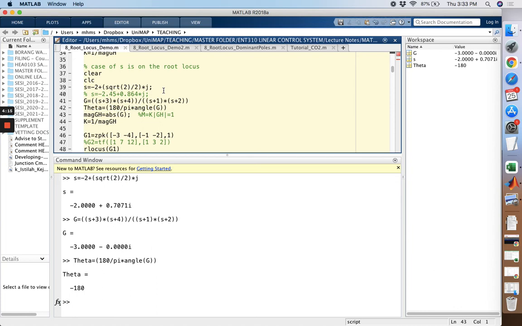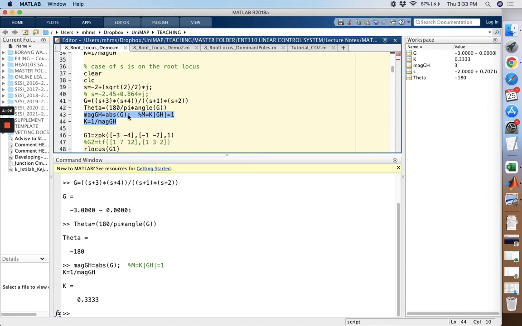So what we can do is find the magnitude of GH, and from that we can find the value of k, which in this case is 0.3.